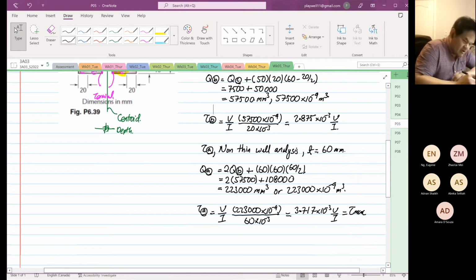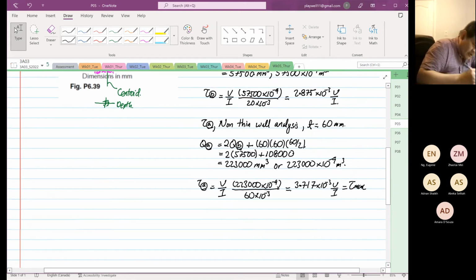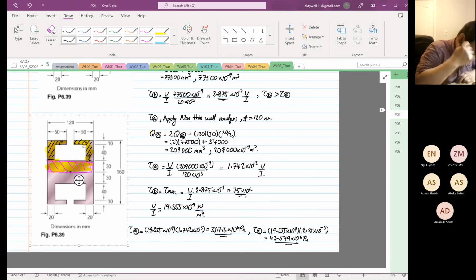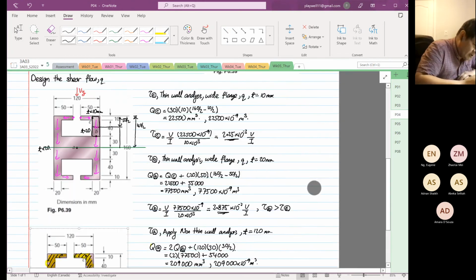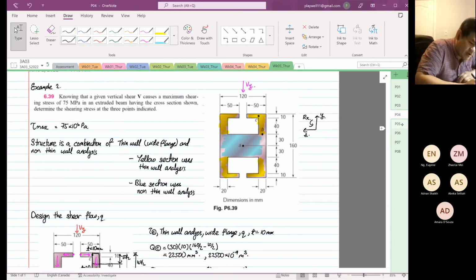So from here, we can now determine the V over I ratio. So shear stress at point A is equal to our tau max, which is equal to 75 times 10 to the power 6.